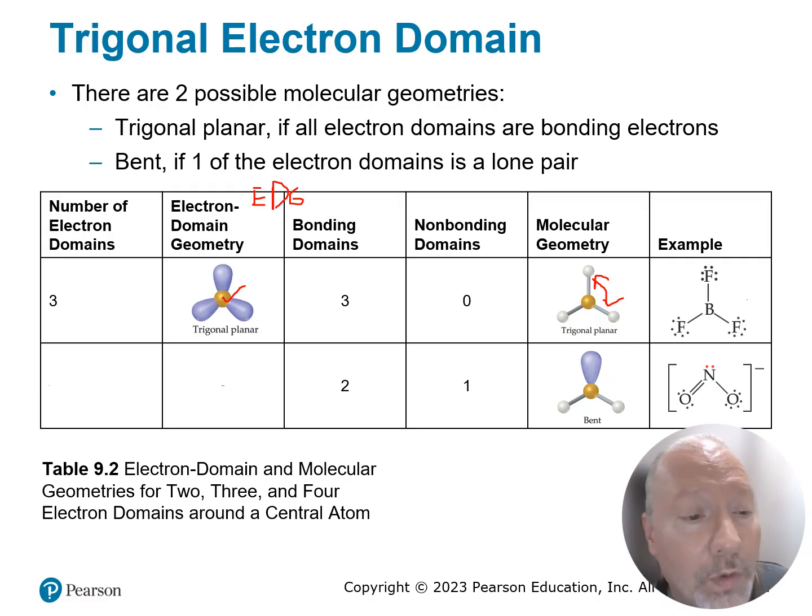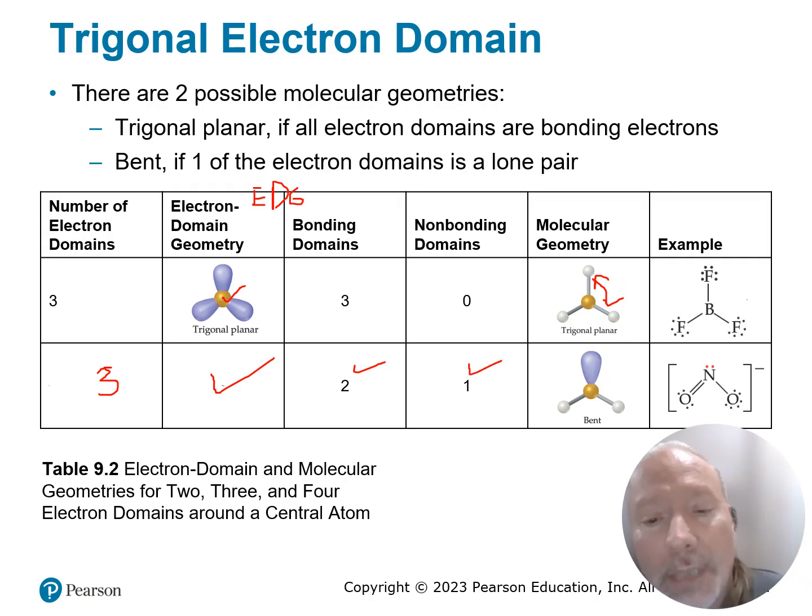So now let's suppose we go to something that does have three electron domains. They didn't write this in here because it's assumed to be the same. The electron domain geometry is not going to change. It's still going to be trigonal planar, but now we only have two bonding domains and one lone pair on the central atom. That's going to change the molecular geometry because we cannot count the lone pair as a point group.